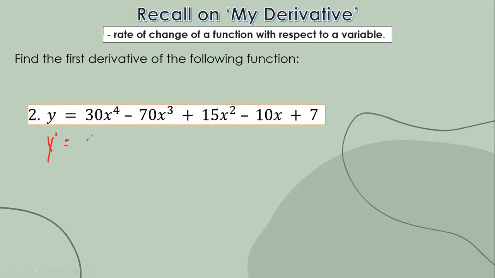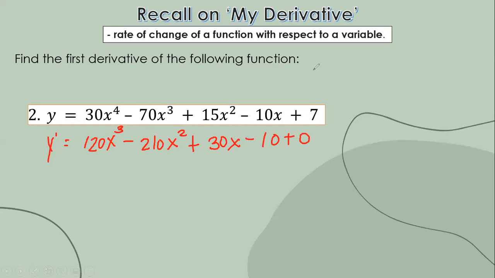So 30 times 4 is 120x raised to the third, sinaminusan na ng isa, minus 70 times 3 is 210x squared plus 2 times 15 is 30x minus 10 plus 0.